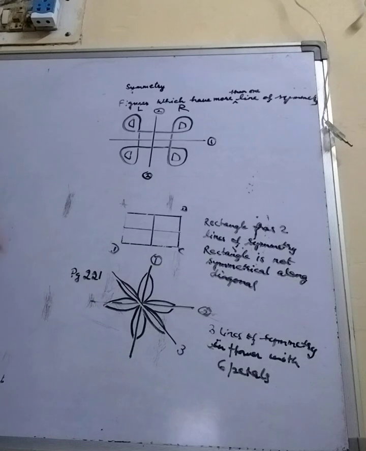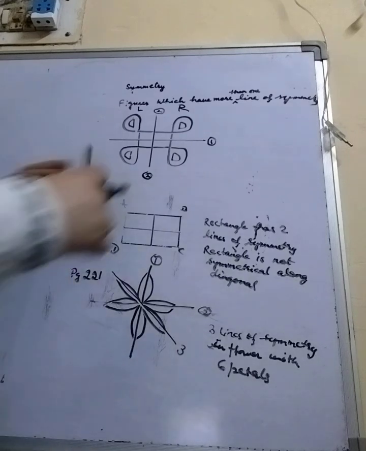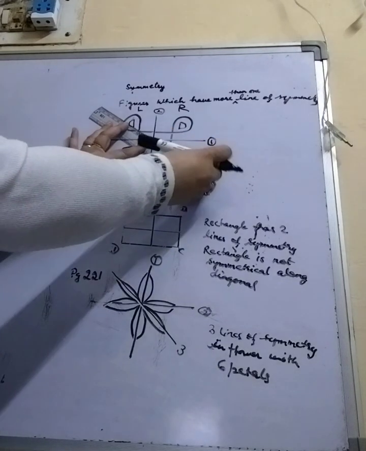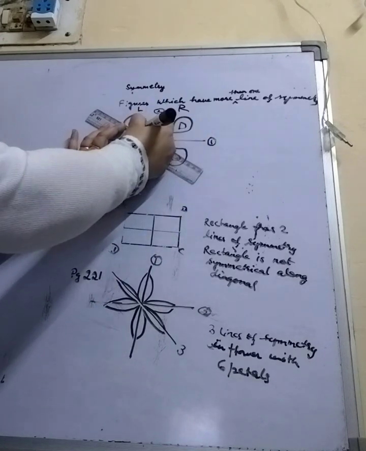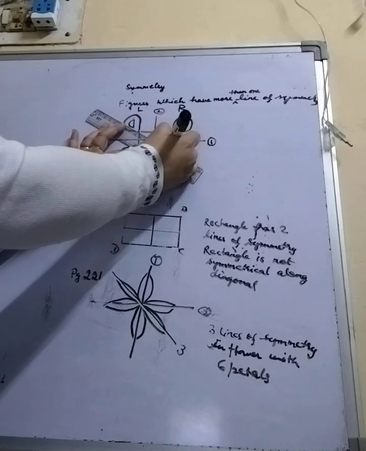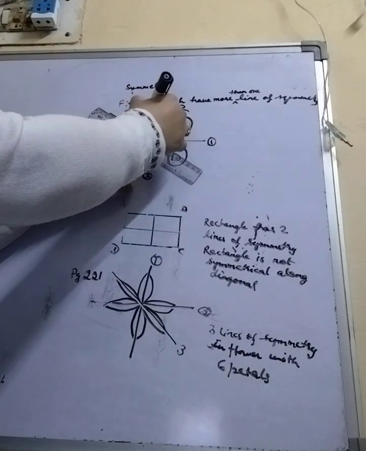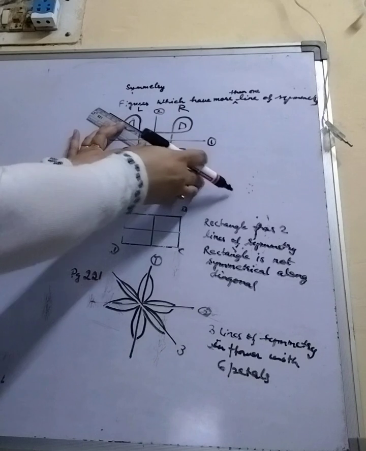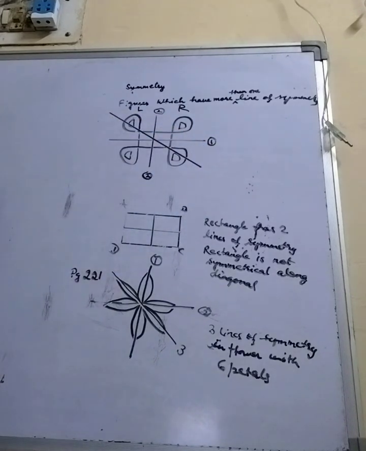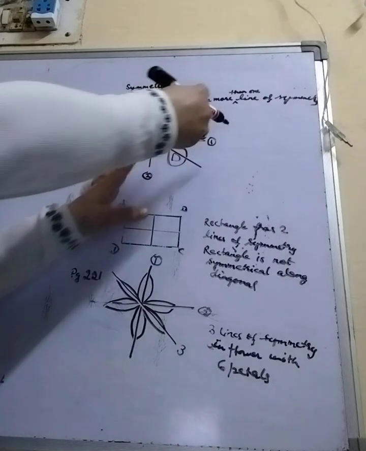Then how else can you fold this figure? If you fold it along these 2 opposite corners, the two halves would be identical.